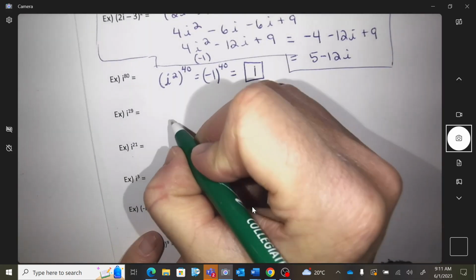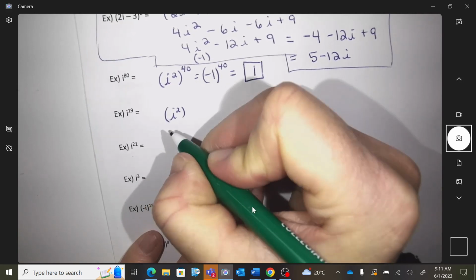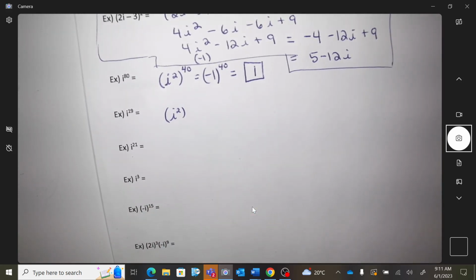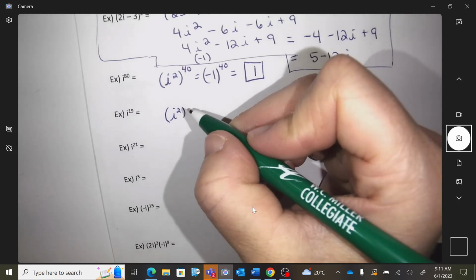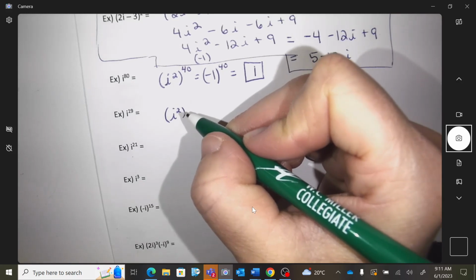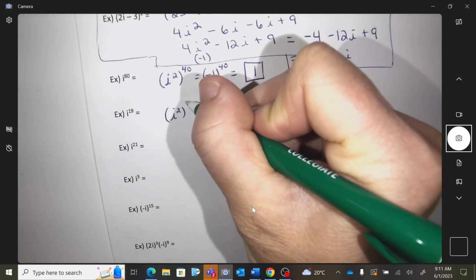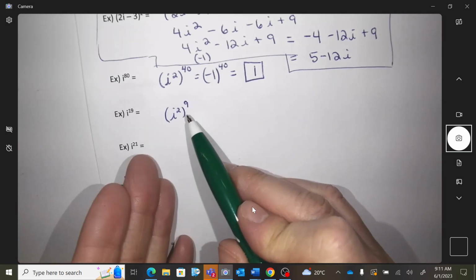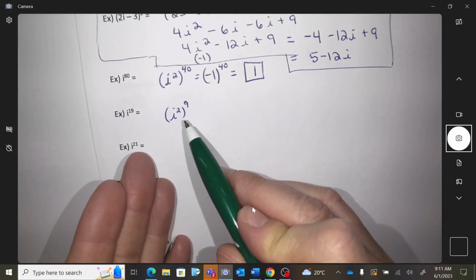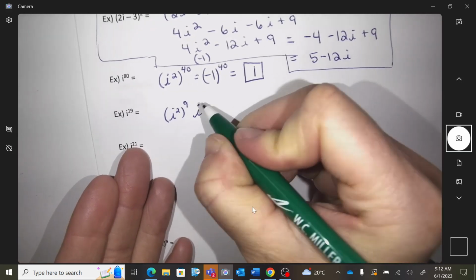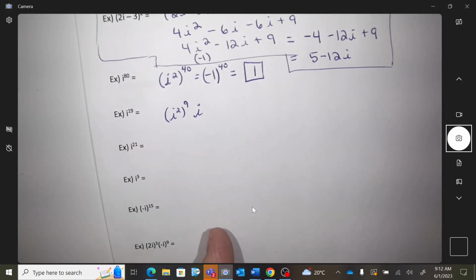Okay, i to the 19, I'm going to go i squared out. Now, I can't get up to 19, right? There's no way I can do 2 times something to be 19. So I'm going to get up to 18. So 2 times 9, so that is i to the 18. And then another i. Do you see how I'm at 19 right now?